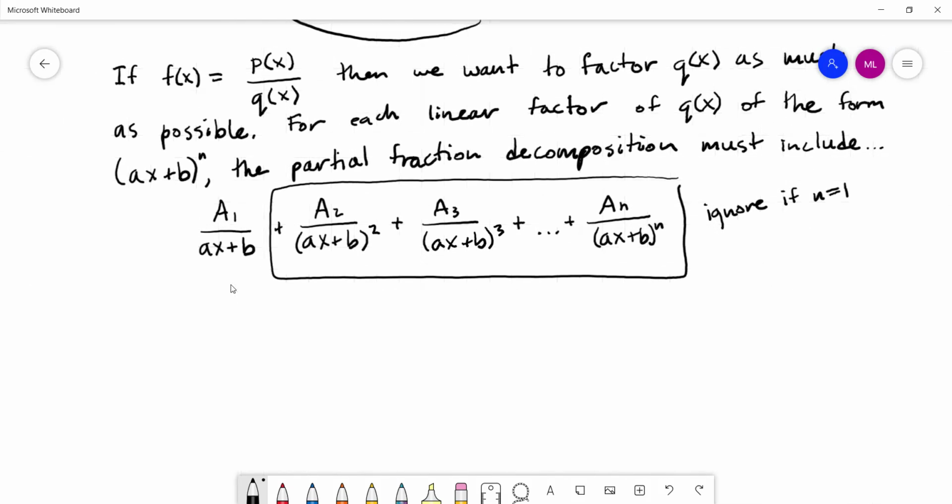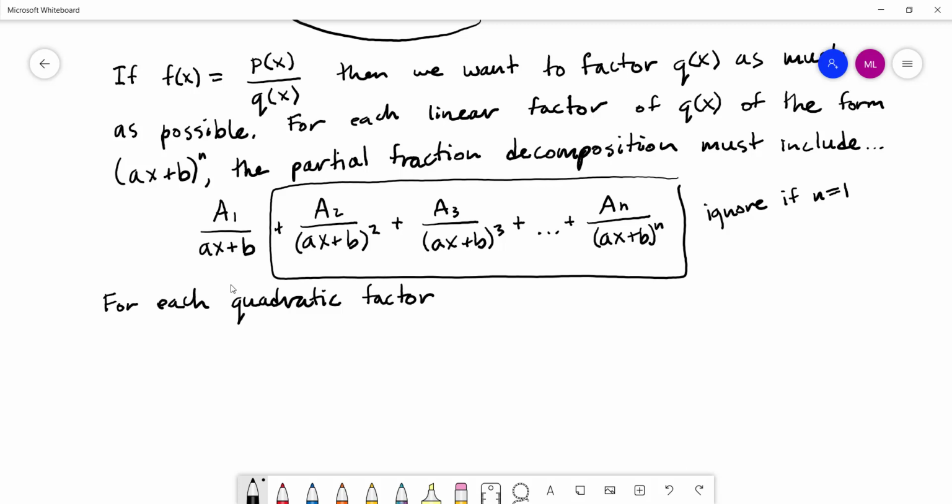For each what we're going to call quadratic factor, so this was the linear factors. For each quadratic factor, we may wind up with a quadratic that can't be factored and simplified anymore.